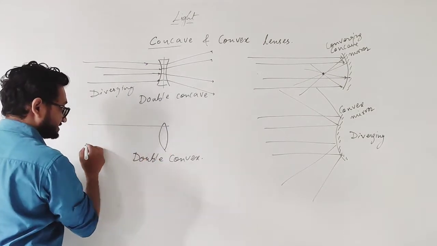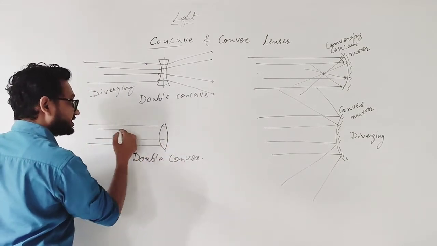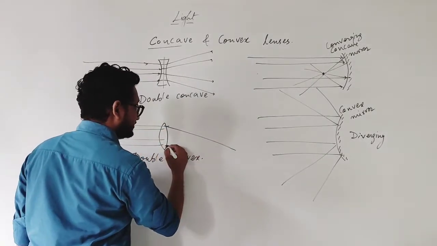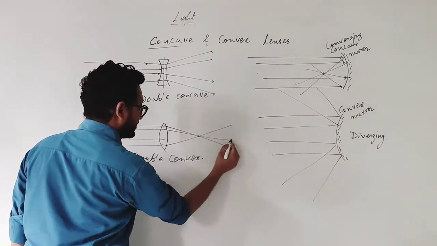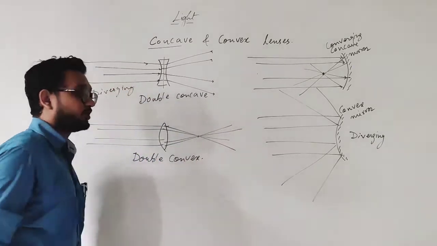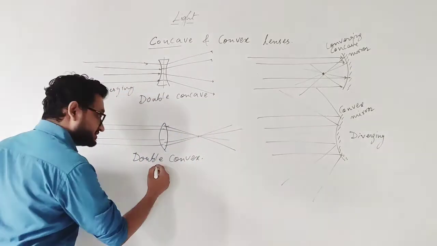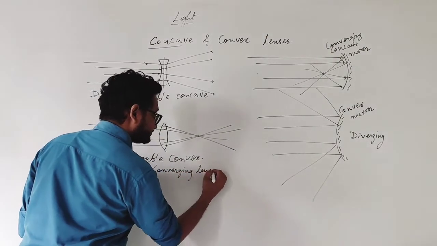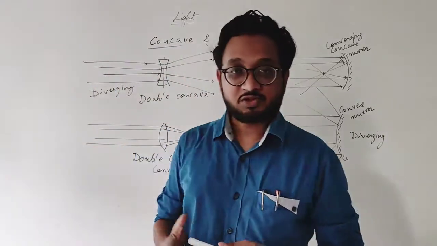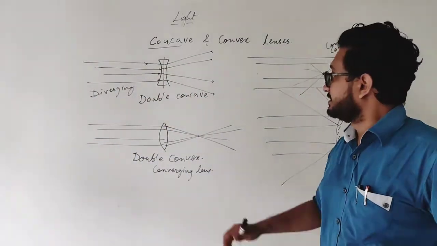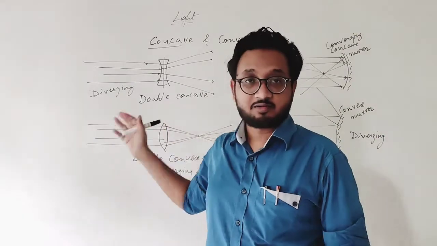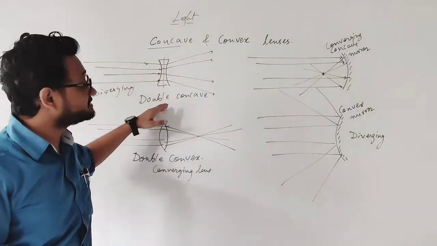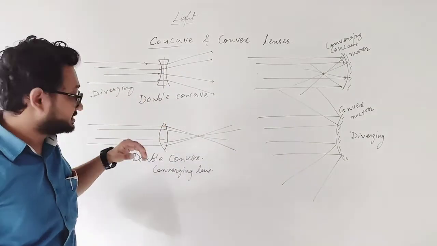But yes, you can already guess it. When the beam of light is incident on a convex lens, it brings them together after refraction and they all meet up at one single point. And now the convex lens is a converging lens. So you can see the similarity, students. Concave mirror is a converging mirror, but concave lens is a diverging lens.